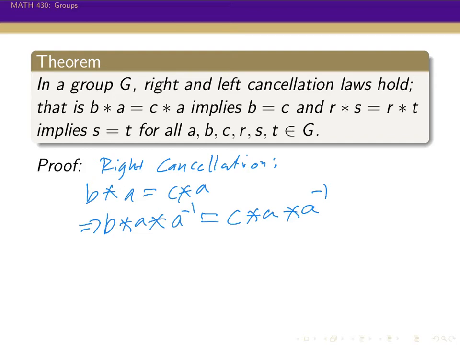Now, since this is a group, star is associative, so I can rearrange how I'm thinking about these. In particular, on both sides, I can put parentheses just on the A star A inverse. And then by the definition of these being inverses, both of these are equal to the identity.